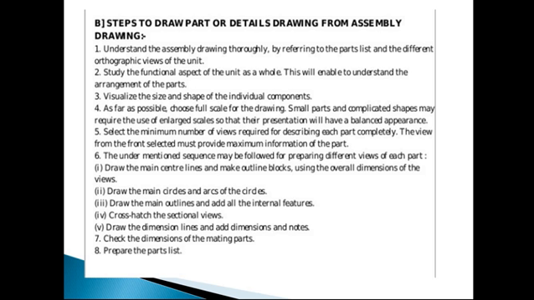So the third step you require to follow: visualize the size and shape of the individual component. Once you have located every component, then visualize the size and shape of each individual component. What is the size of this component? What is the shape of this component? If I am going to draw this part separately, what is the overall size?